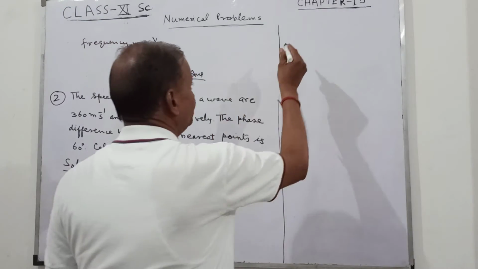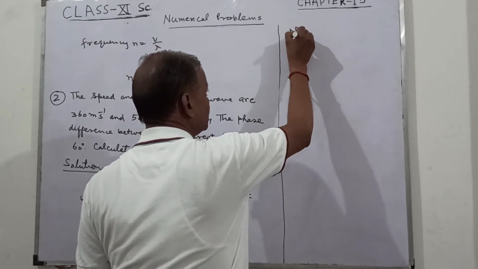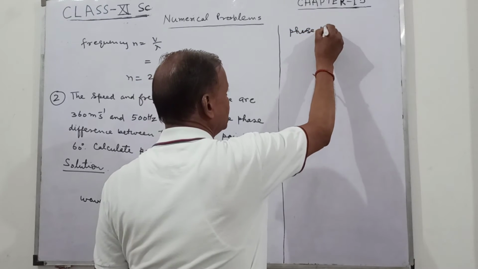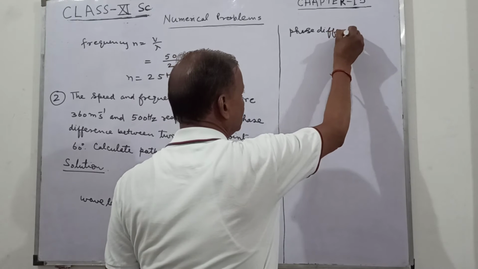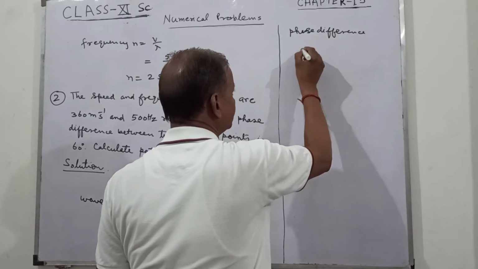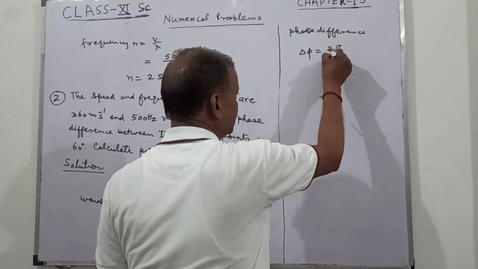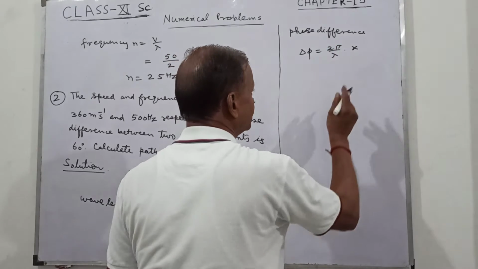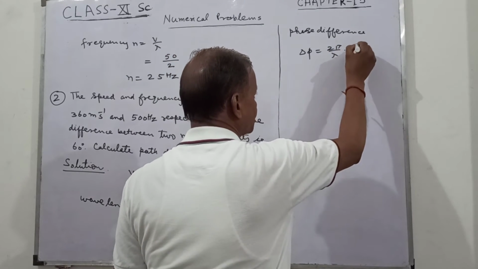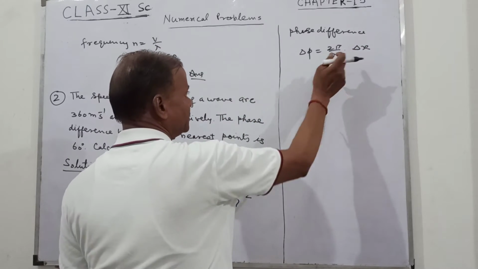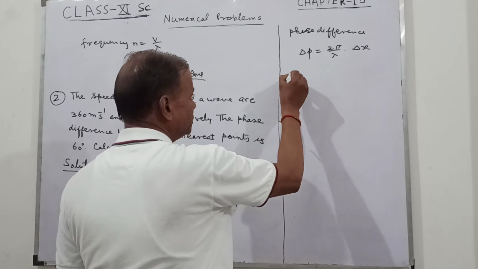Now, phase difference delta phi equal to 2 pi upon lambda into delta x. Delta x is the path difference that you have to find out.